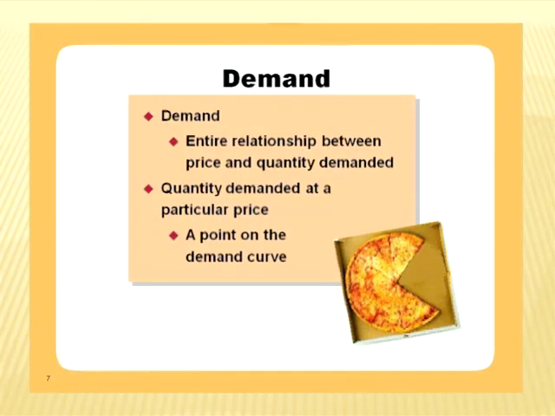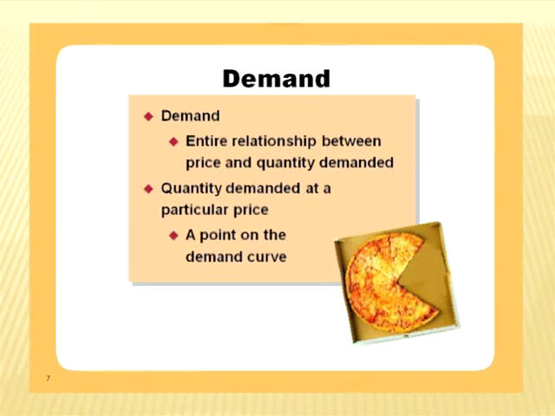Now, demand, this is kind of nomenclature or term usage here. Demand refers to the entire relationship between price and quantity demanded. So we talk about a demand curve or a demand schedule, which lists for us not just one, but multiple points.